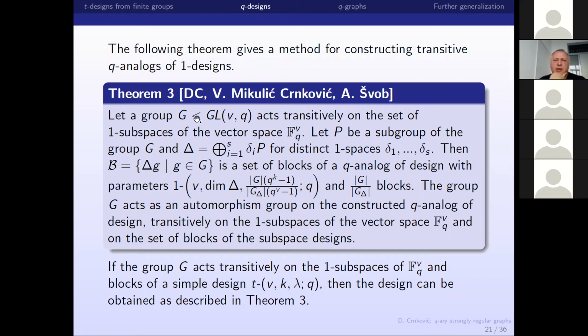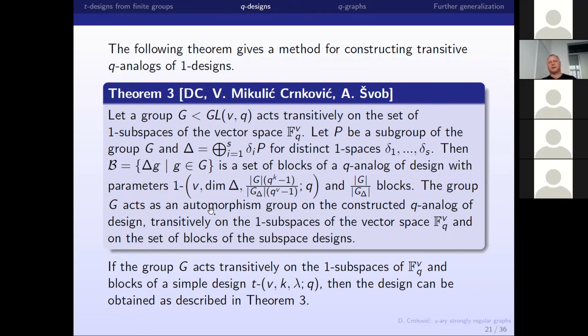So if this G acts transitively on the set of 1-subspaces, and then we get some subgroup P and form delta in this way, for distinct 1-subspaces delta 1 to delta S, then we form a set of blocks in the same way that we did it for ordinary designs. And in that way, we get a Q analog of a 1-design with these parameters.